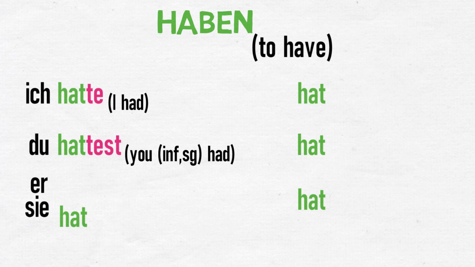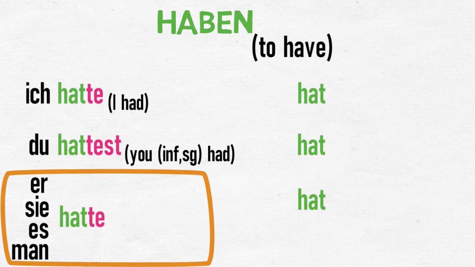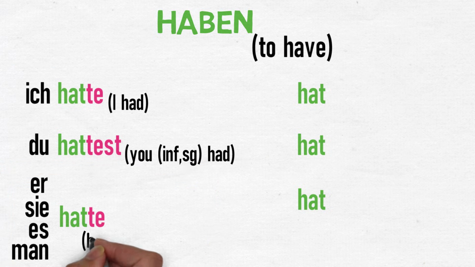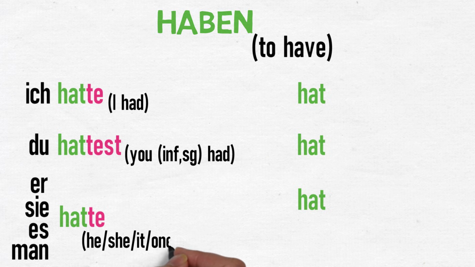For er, sie, es, and man, add te. Notice that in this tense, the third person singular form, er, sie, es, and man, is identical to the ich form. So, er hatte, he had, sie hatte, she had, es hatte, it had, and man hatte, one had.